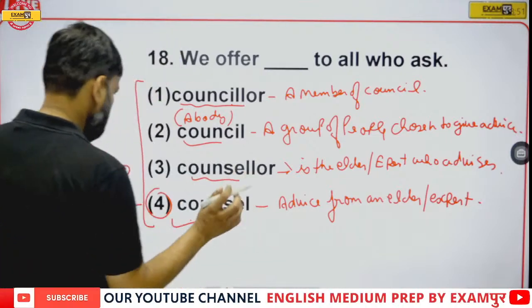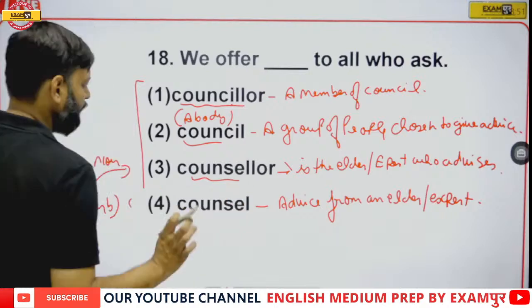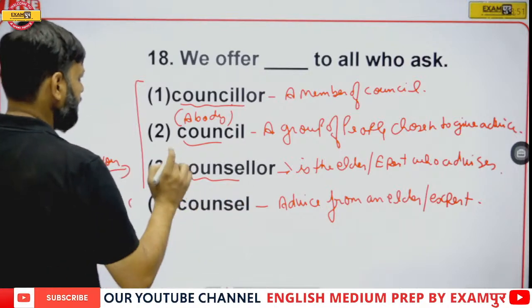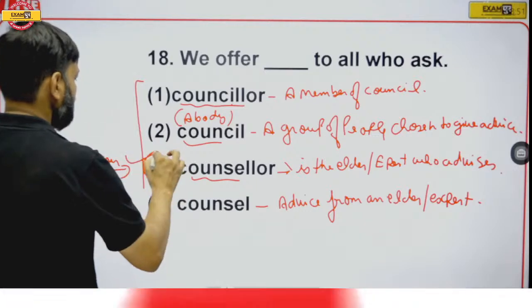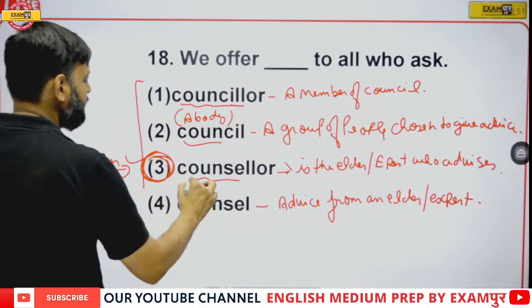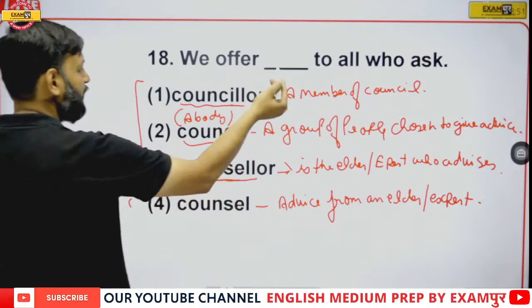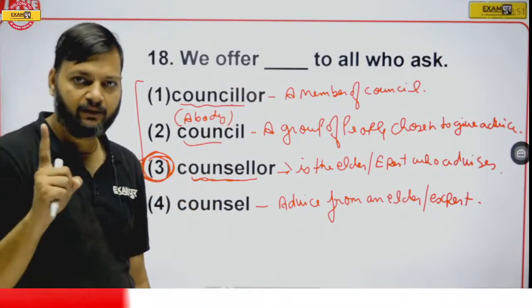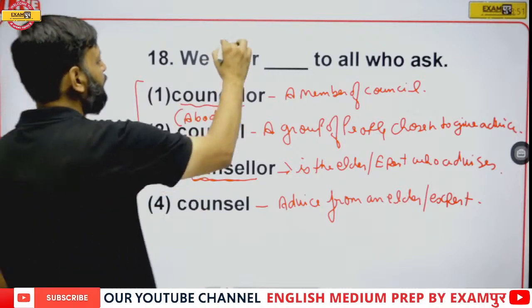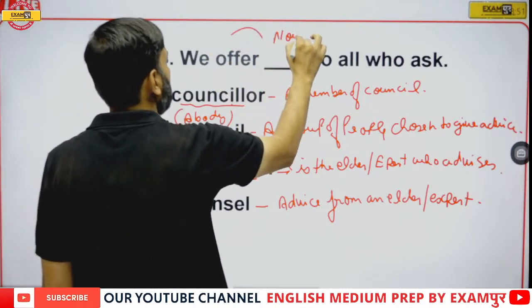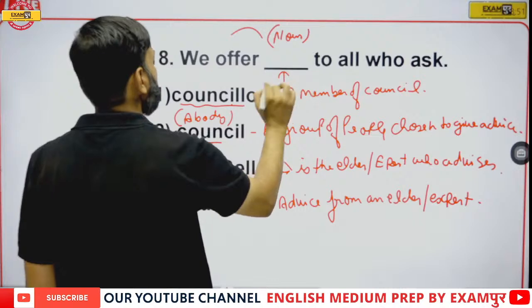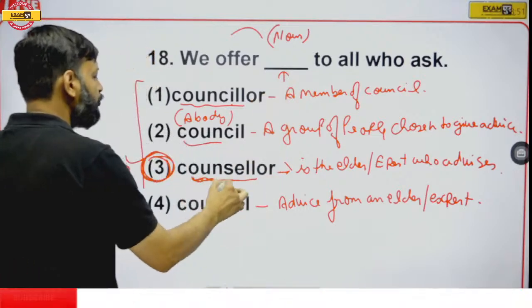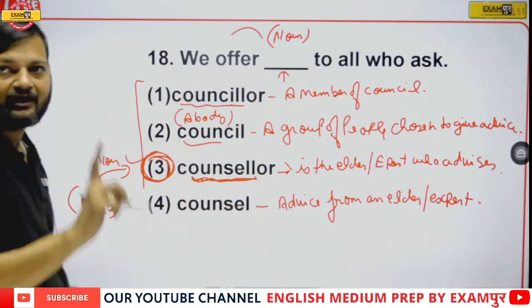No, just wait, 4 is not the answer. We offer counselor. Here counselor is the right answer. Third one is the right answer, not counsel, because offer should be followed by a noun. This is the position of a noun. So counselor would be used.